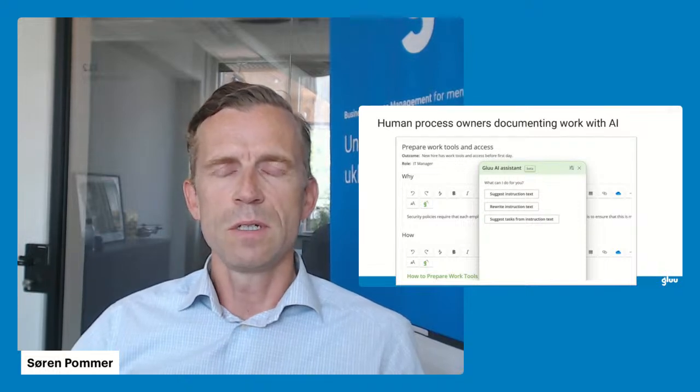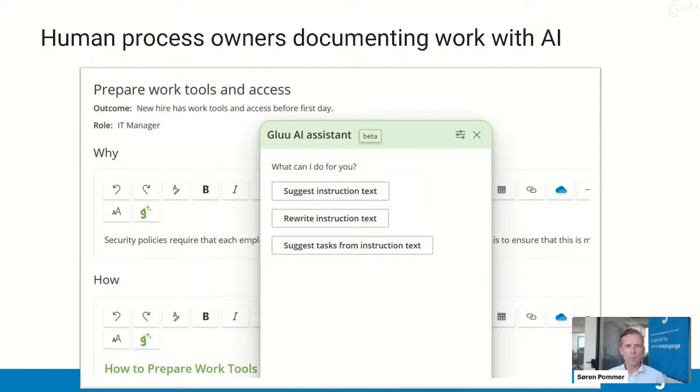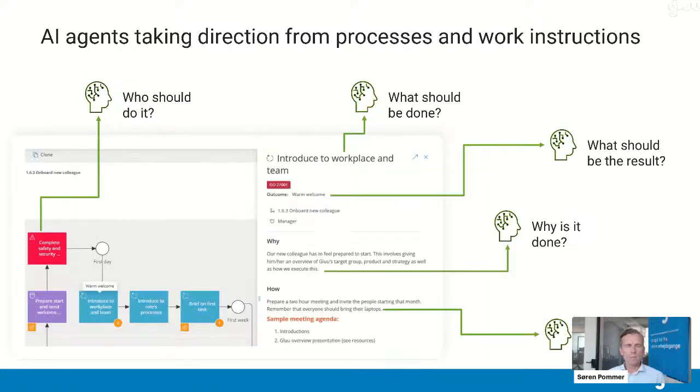Just to show you a little bit how that is working, we already saw how it should be super easy to put in content. We saw the example today. But of course, a next step is then that you're building up the answers to AI, because the process diagram would tell the AI who should do this. The title would say something about what should be done.